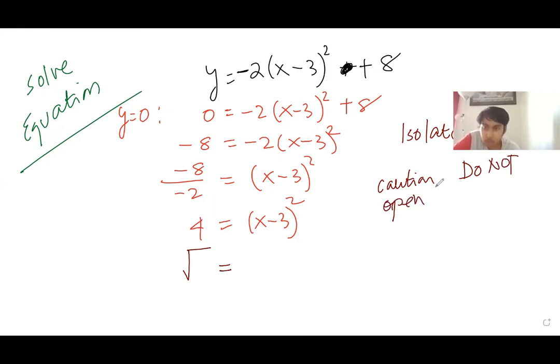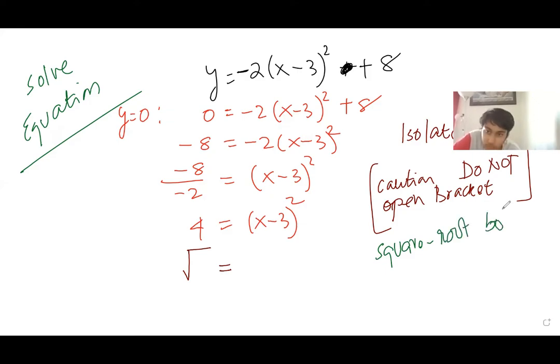Is it okay? That will be a huge mistake. Square root both sides. What you should do is square root both sides. When you square root both sides, what will you get? Tell me.